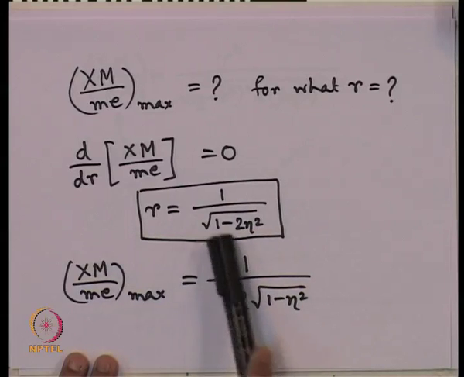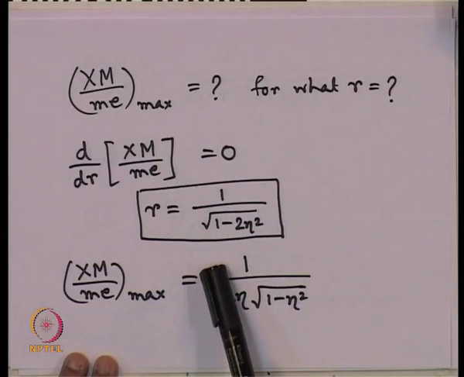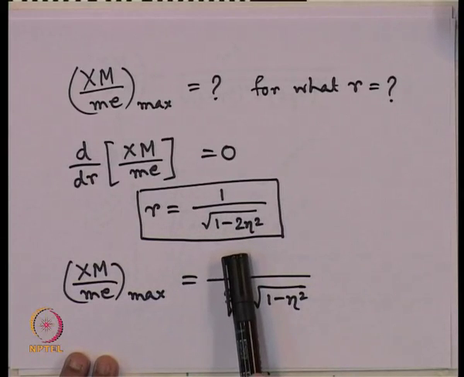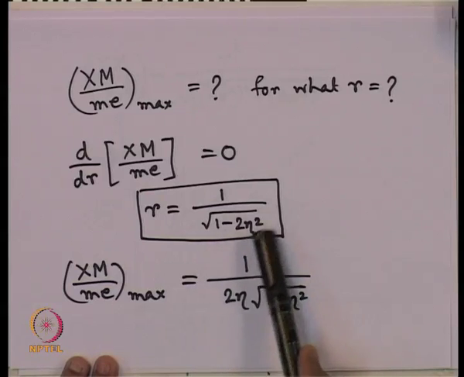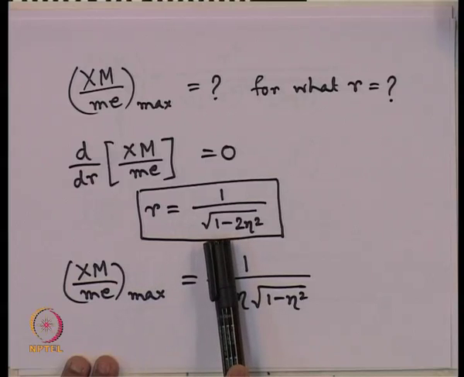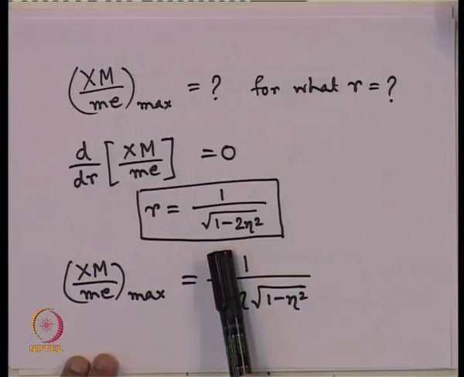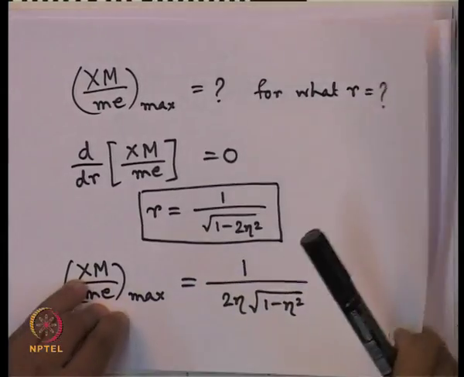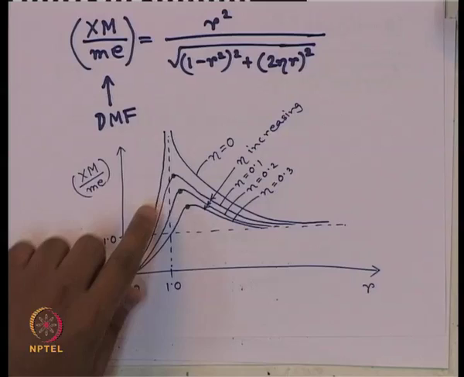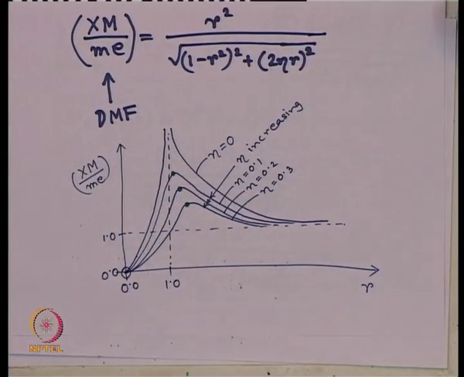Earlier r was root over 1 minus 2 eta square and now it is 1 by root over 1 minus 2 eta square. As all our cases of eta are less than 1, obviously this r is becoming a little greater than 1, right. So, that is why I have plotted already that these peaks occur a little after r equals to 1 in this graph.